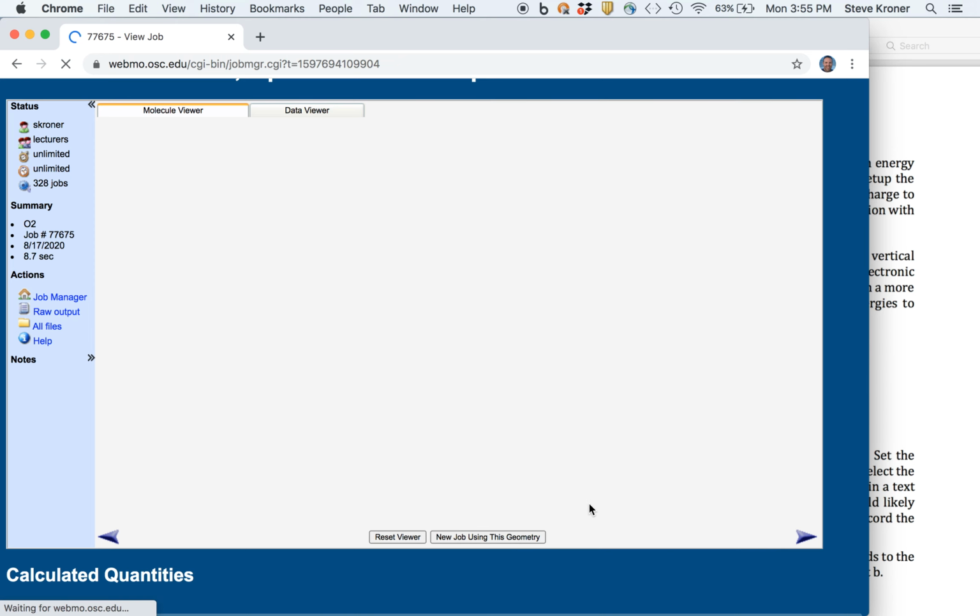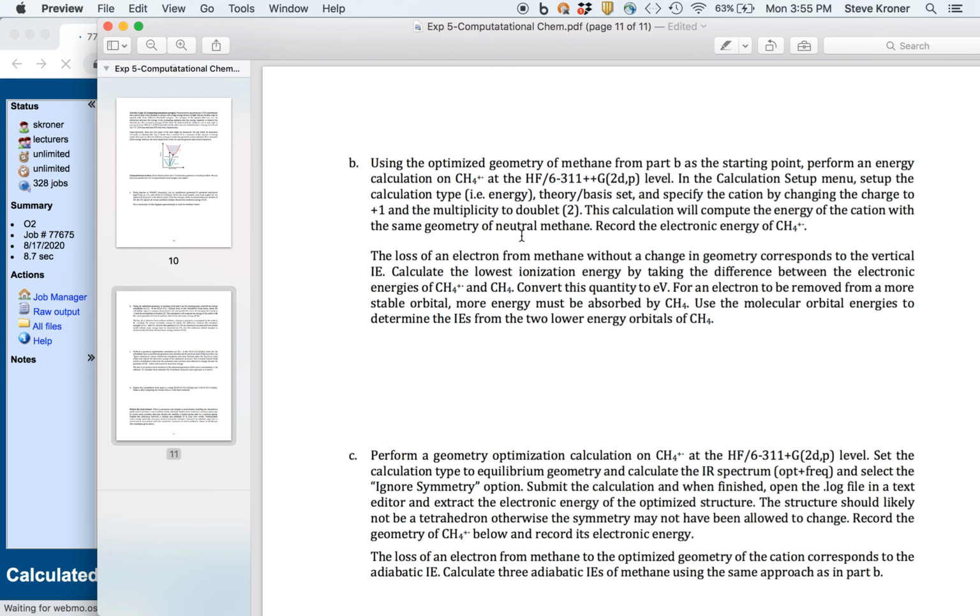That'll open the molecule in a molecule window, and then you can start a calculation. In the next setup menu, we're going to choose just an energy calculation. That's going to allow us to calculate the energy where we remove an electron by changing the charge state to +1, and since we have one unpaired electron, that makes the substance a doublet.